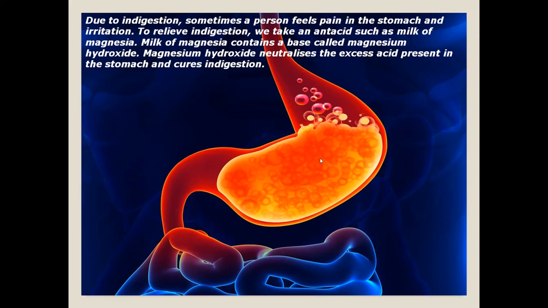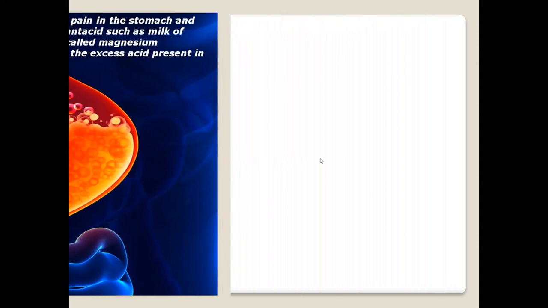Both acid and base react and neutralize the effect of each other and convert into salt and water. So in our alimentary canal, we can easily learn about this neutralization reaction that is naturally occurring in our system.